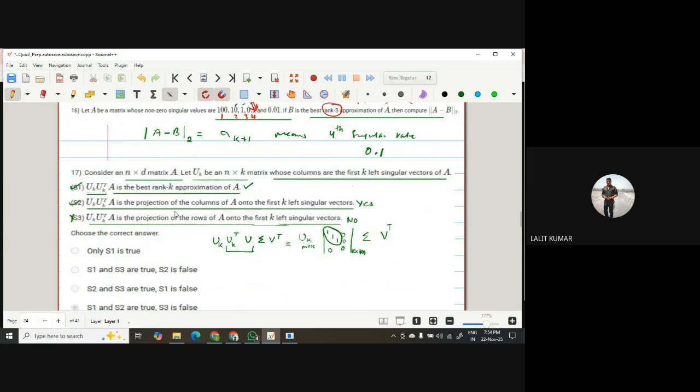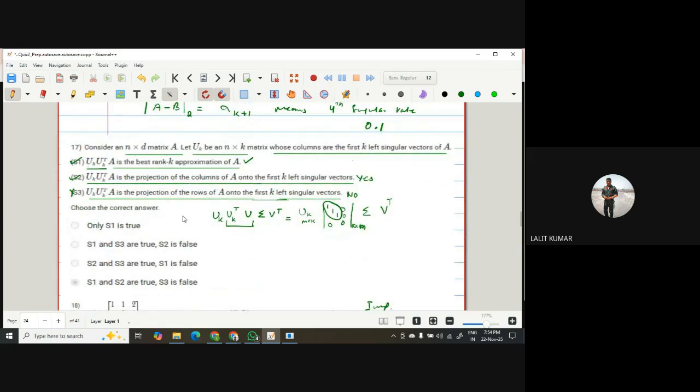Consider an n by D matrix A, let UK be an n by K matrix whose columns are the first K left singular vectors of A. Then UK UK transpose A is the best rank K approximation of A. So you have taken the first K left singular vectors of A. Always remember, it is the projection of the columns of A onto the first K left singular vectors, not on the rows.